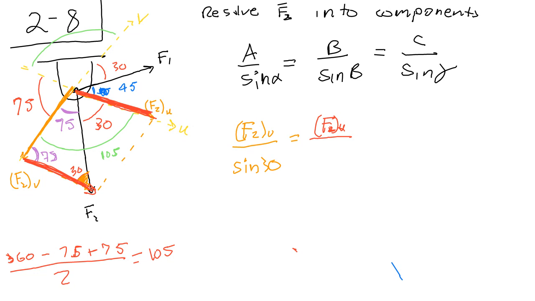The last two go with 75, right? But it's this one over here. And then what's this one? This one. Okay. And finally, just put all that in. So sine 75, 75, F2 over sine 75.